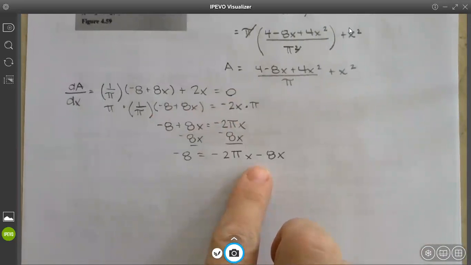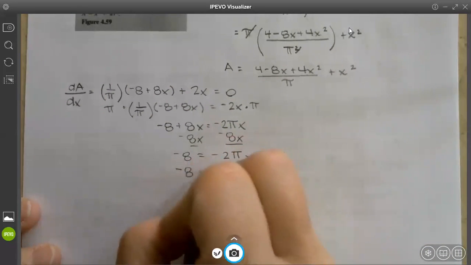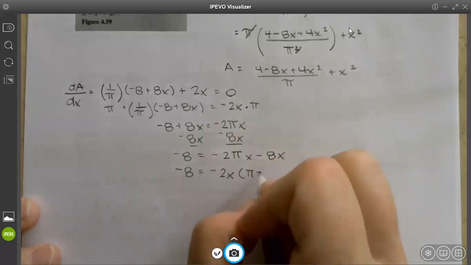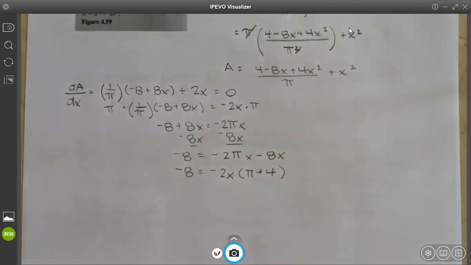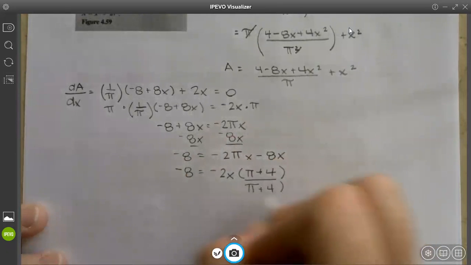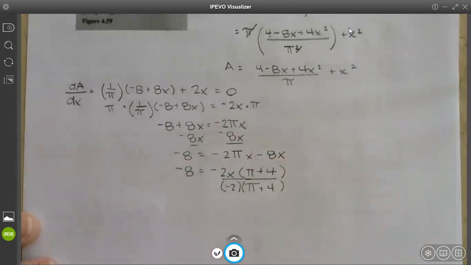Yeah, take out a negative. I would take out a -2x, which leaves me with pi plus 4. Crazy, isn't it? Keep going. What do I do? And -2, right? Is everybody good with that?